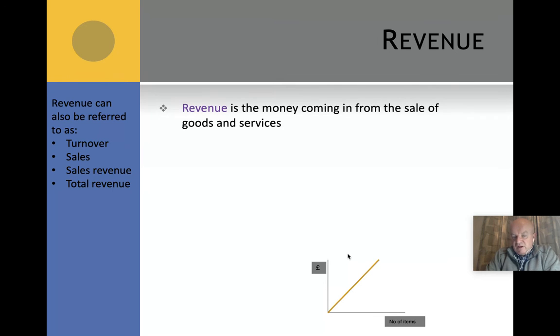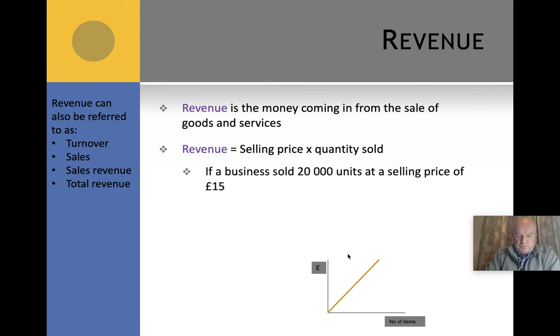The revenue that you achieve is the money coming in from the sale of goods and services. To get our total revenue, we take our selling price and times it by the quantity that we have sold. So again, another simple example: a business sells 20,000 units and the selling price is £15. The total revenue that we would achieve would be 15, our selling price, times 20,000 units, which would give us £300,000.